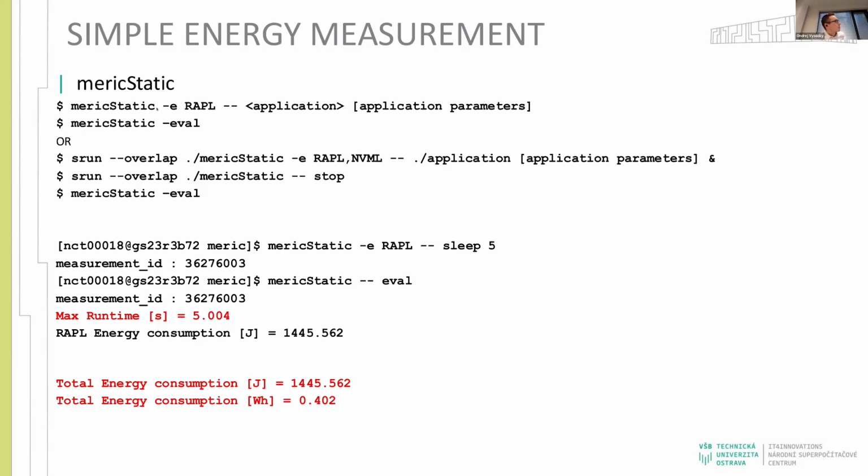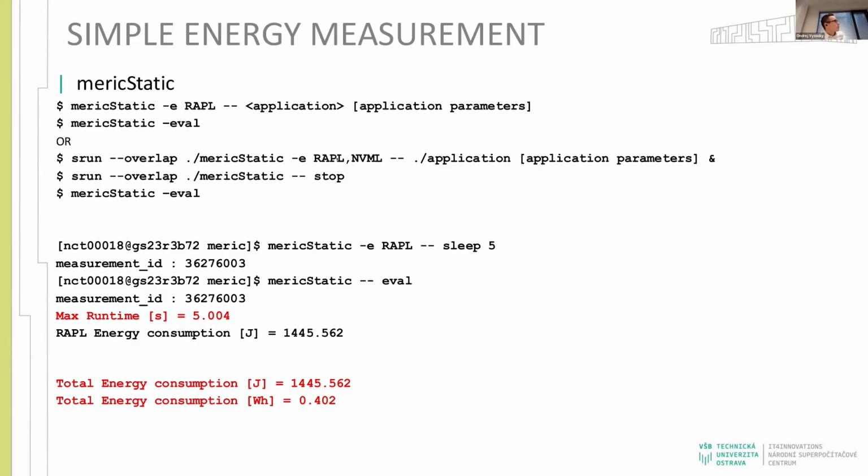So it wraps the application. Once the application ends, you execute the tool again with the eval parameter. I see that PowerPoint ate one of my dashes, so it's dash eval. And then it prints the runtime and the energy consumption.